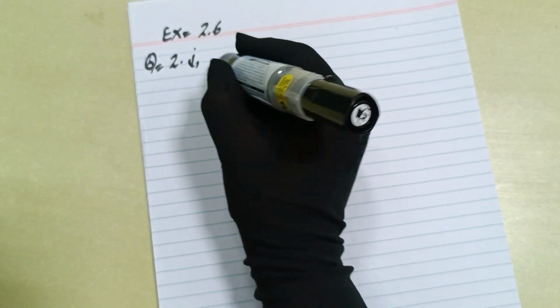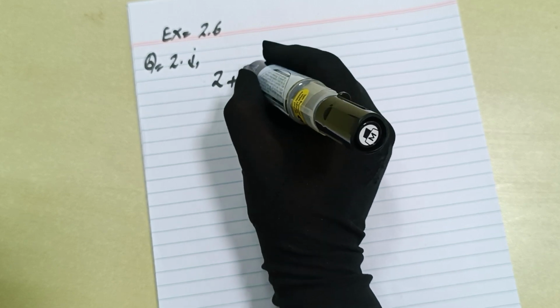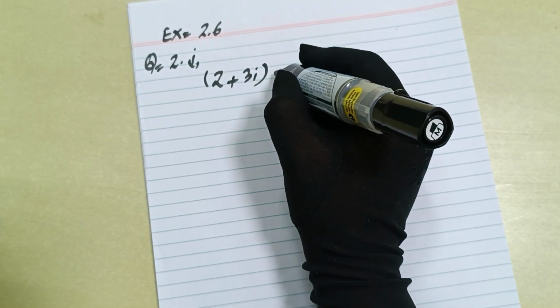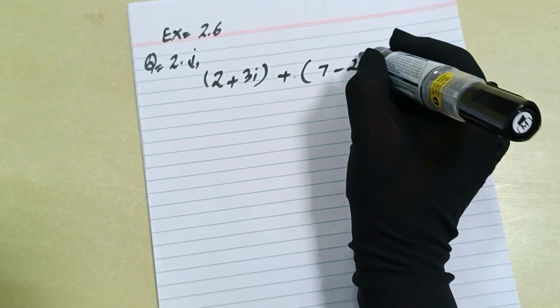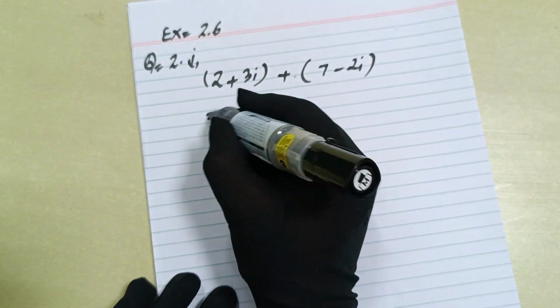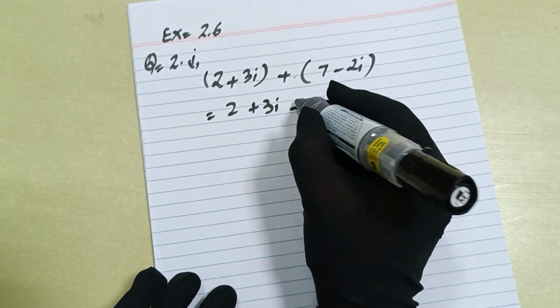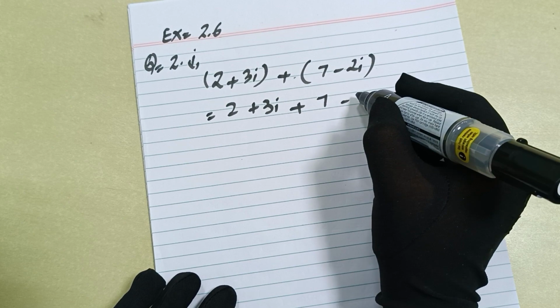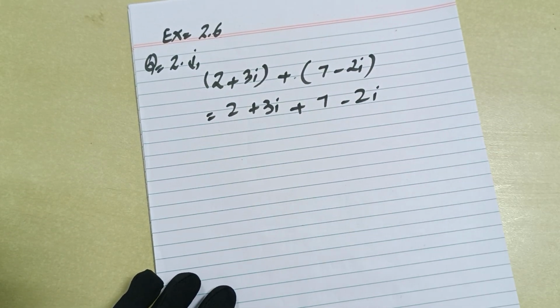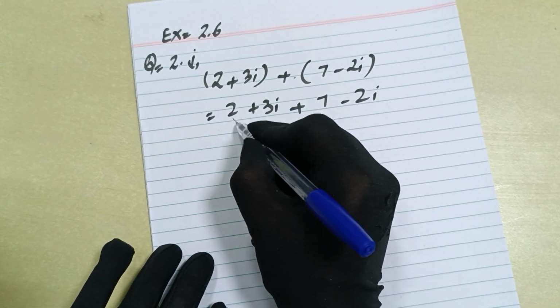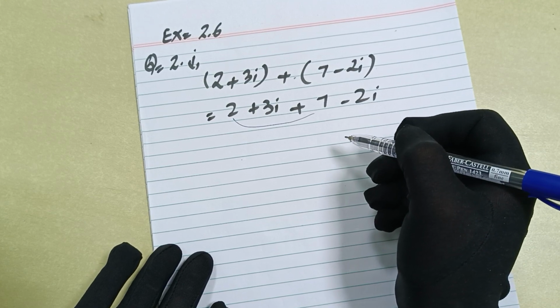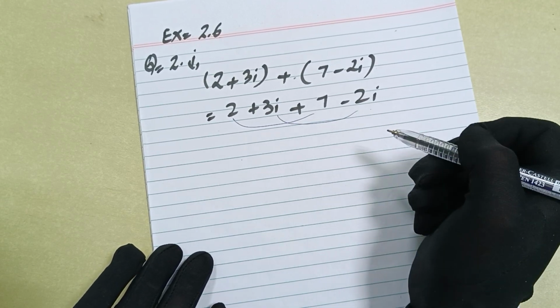The first part being explained here is 2 plus 3 iota, and they are adding to that 7 minus 2 iota. Just open the bracket, plus minus minus 2 iota. After opening the bracket, collect the like terms, real to real, imaginary to imaginary.